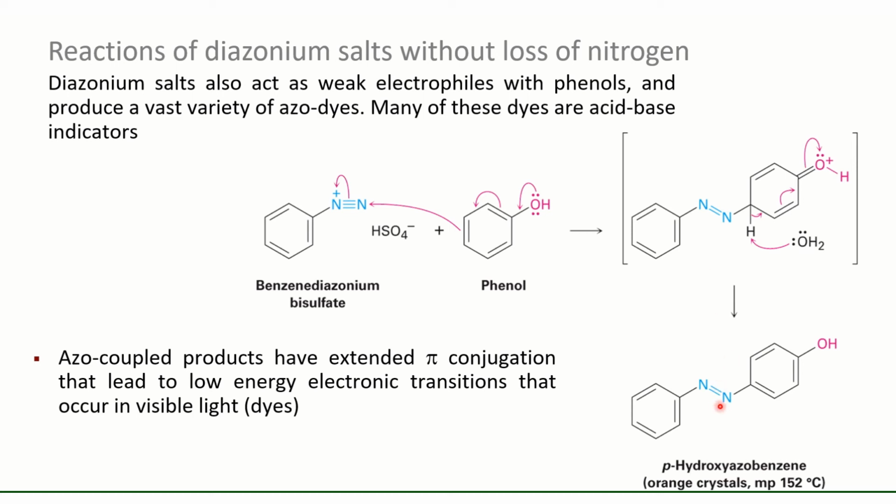You can see that there is conjugation between this N double bond N and the two rings. They're quite nice in photochemistry because of that extended pi conjugation, the pi to pi star, the HOMO-LUMO transition, that band gap is in the visible.